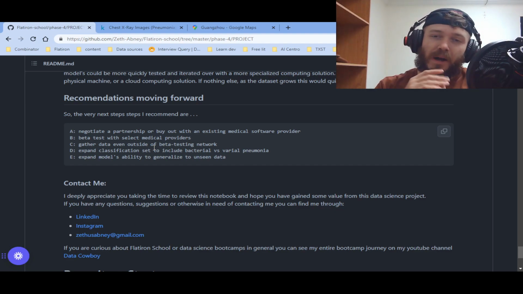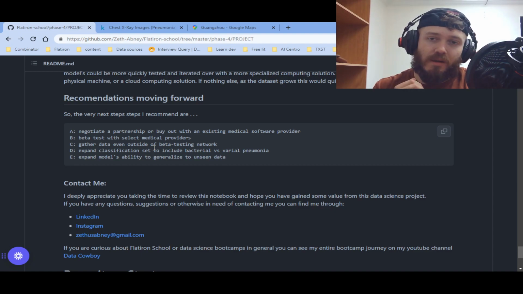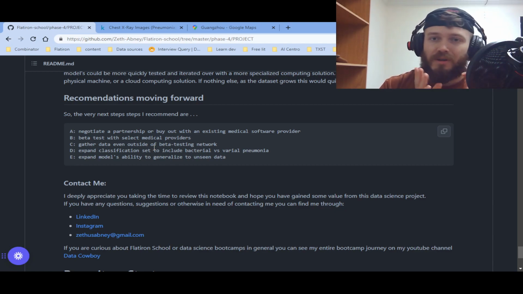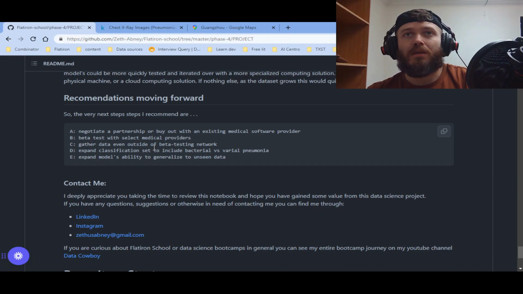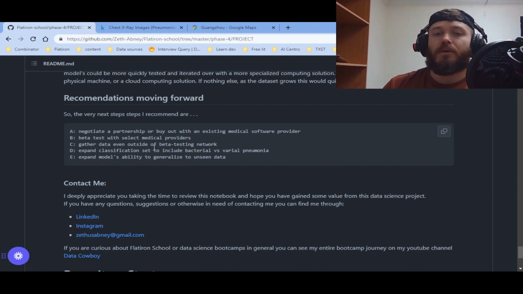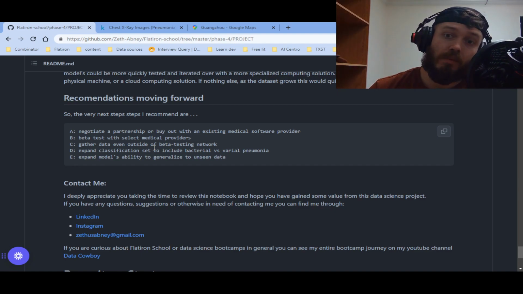Right now it's just a binary classification, where we're predicting pneumonia or not, 0 or 1. You wouldn't do it with a 1.1 and a 1.2, but rather a 1A and a 1B to indicate bacterial or viral pneumonia. That would be something worth exploring.